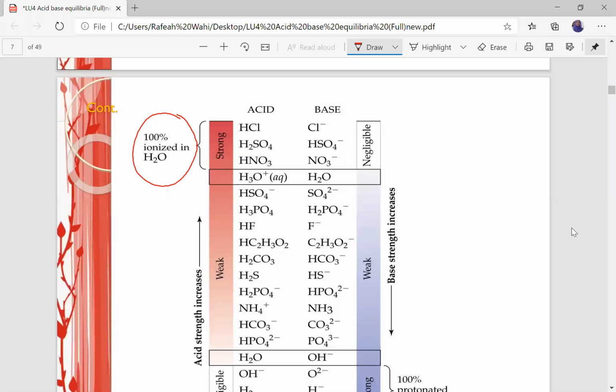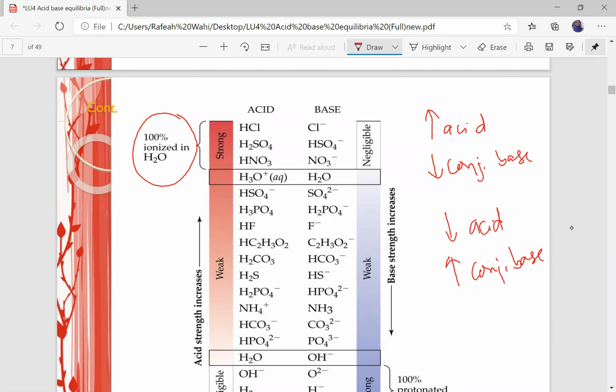The stronger the acid, the weaker the conjugate base. However, the weaker the acid, the stronger the conjugate base. So this is also applicable to base.